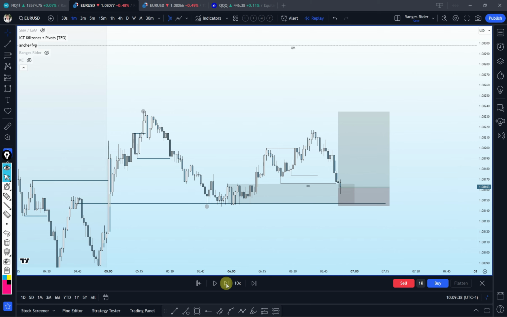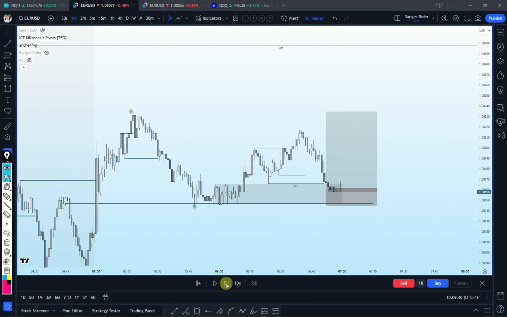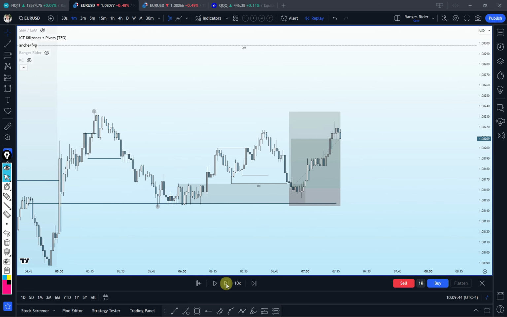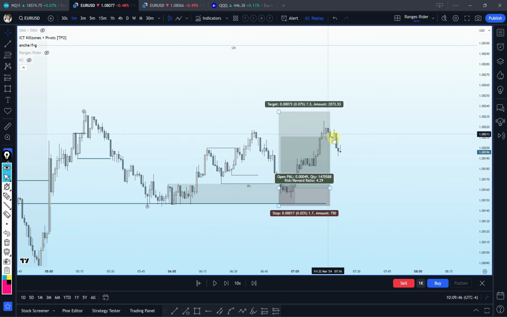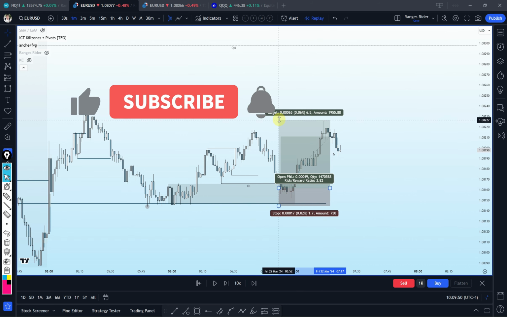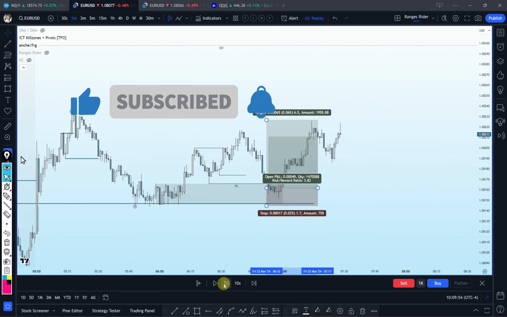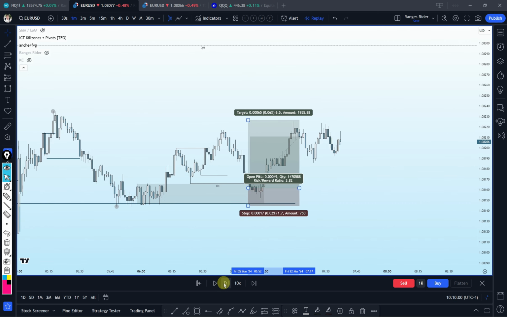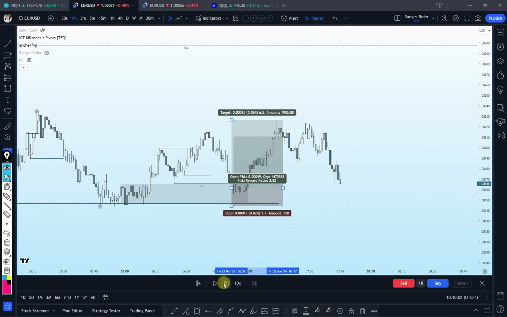Okay, so the price didn't reach exactly to the target. It's like something 3.8R, and then it just came down.